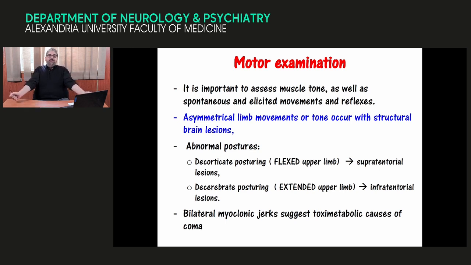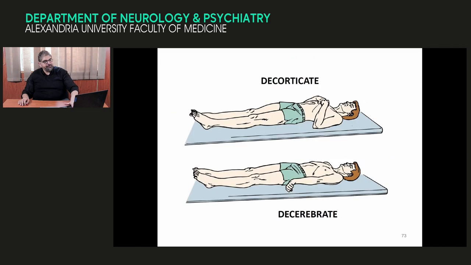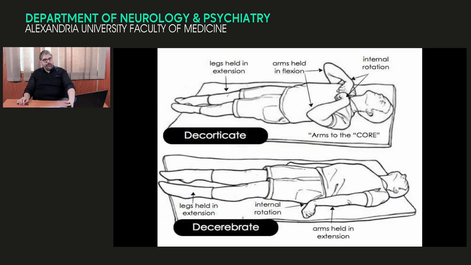The decerebrate posture is the extended form, which means that the supratentorial structures are detached from the infratentorial structures, and this is called decerebrate posturing. The presence of myoclonic jerks or asterixis, as we said, indicates metabolic causes of coma. This is a picture of decorticate and decerebrate postures.